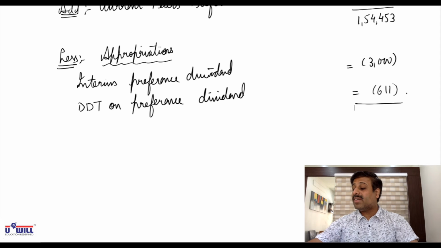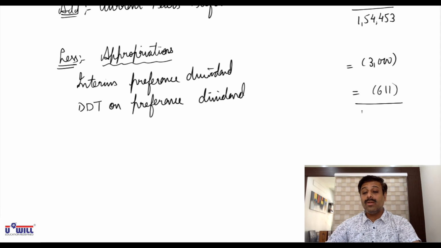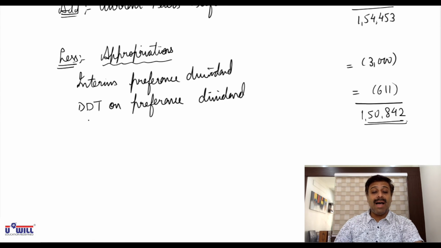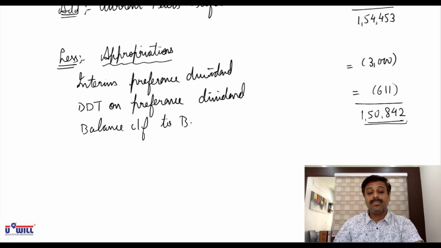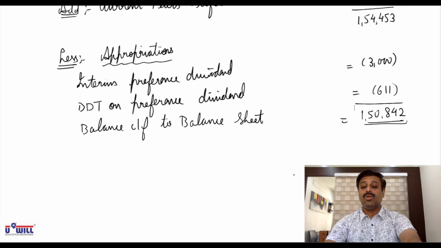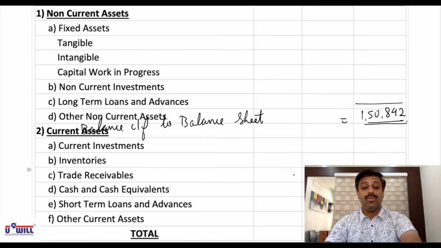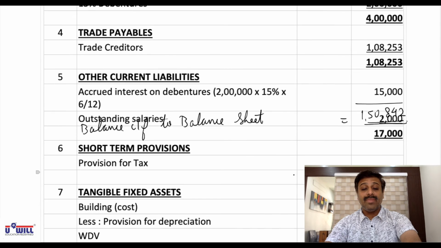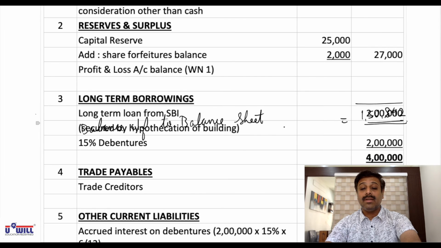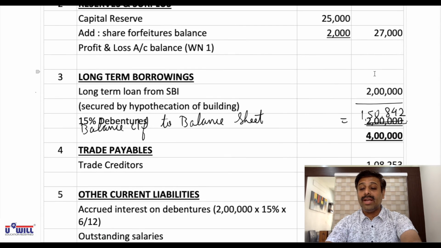What we'll get is 150,842. That is the balance carried forward to the balance sheet. This we have to add in reserves and surplus: 150,842.